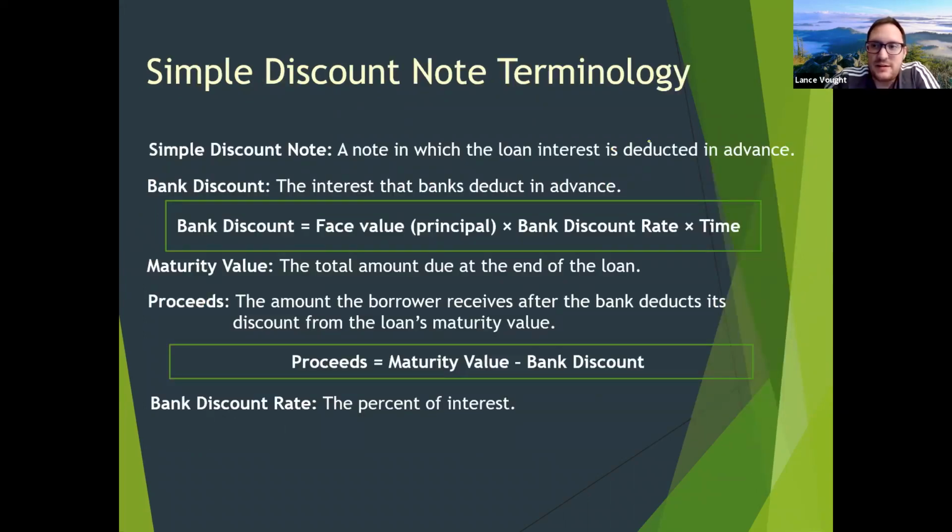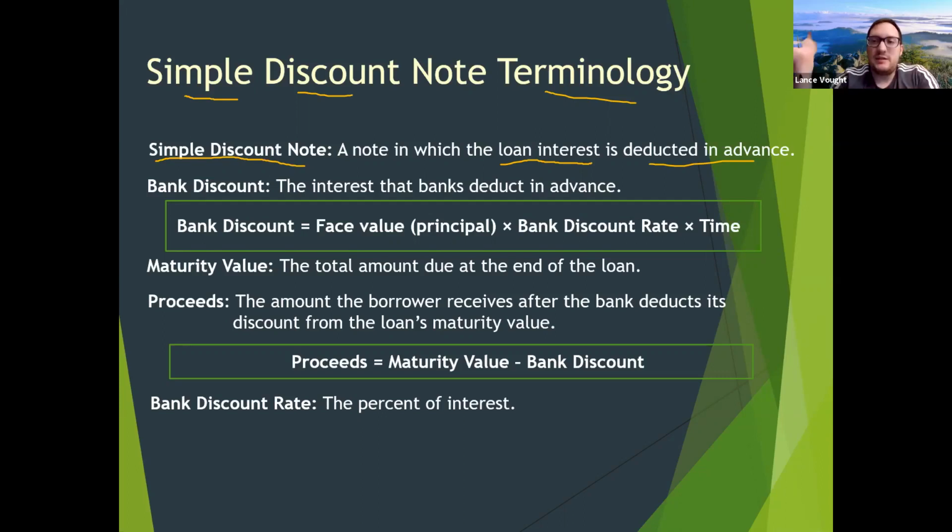Anyways, getting back to what we're focusing on today, which is a simple discount, just some terminology that's important. A simple discount note is different from a loan. It just means that the interest you're paying on the loan is deducted in advance. The big difference between a standard loan and a simple discount note is that the bank takes the interest out up front.